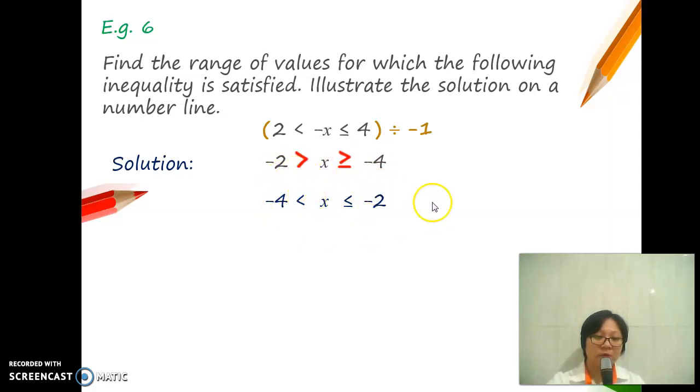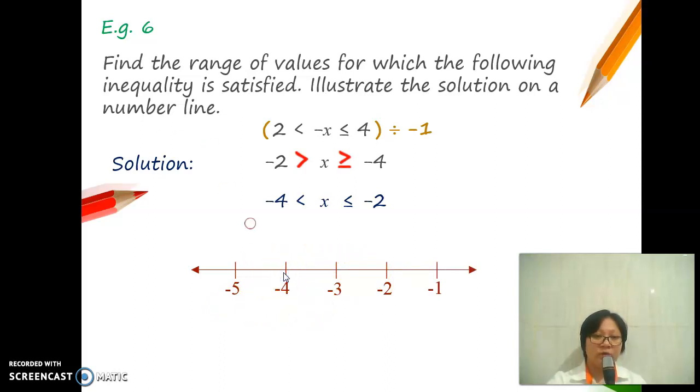So if you divide each term by -1, not only are the signs of the terms changing, but the inequality symbol also changes in direction. So now let's put this on a number line.